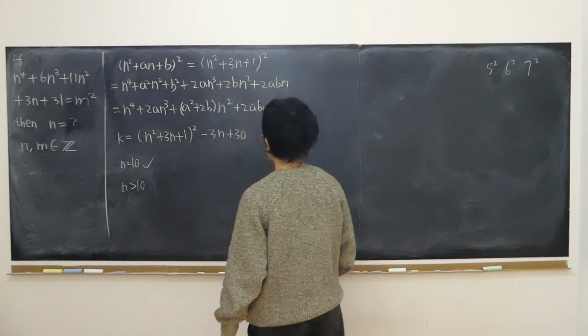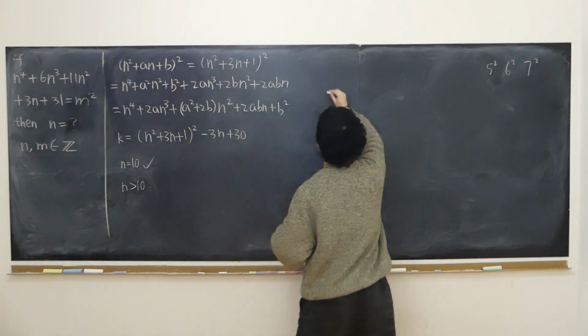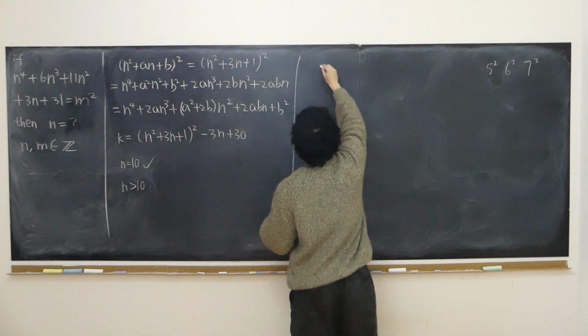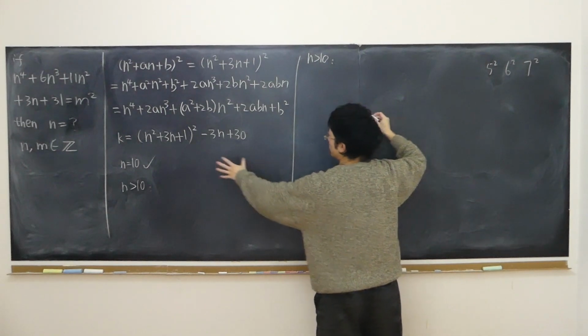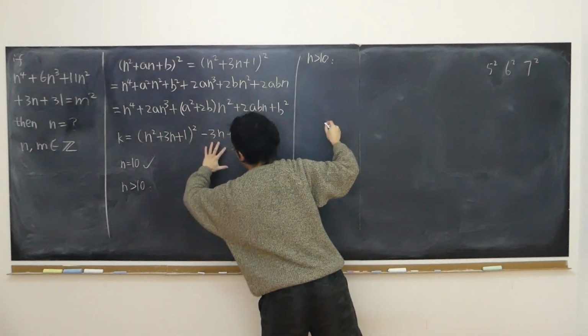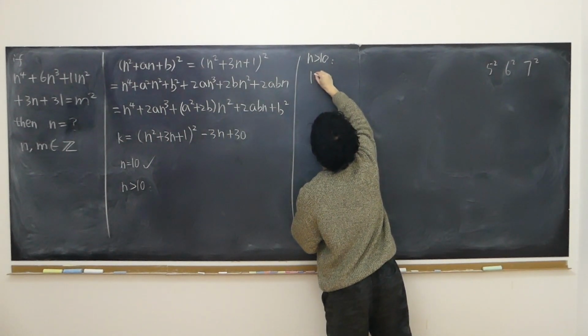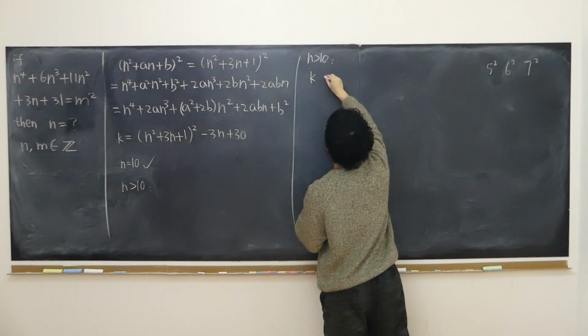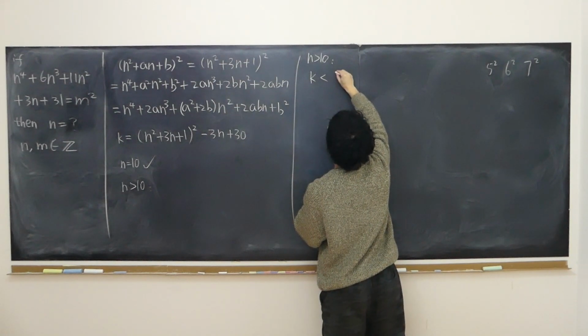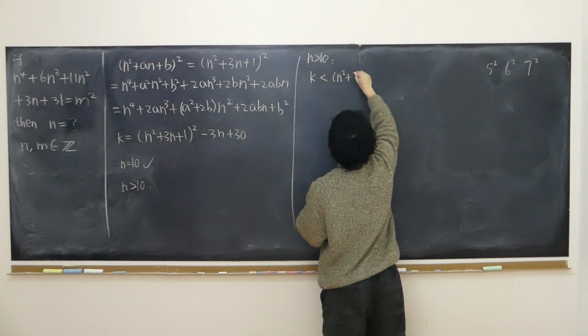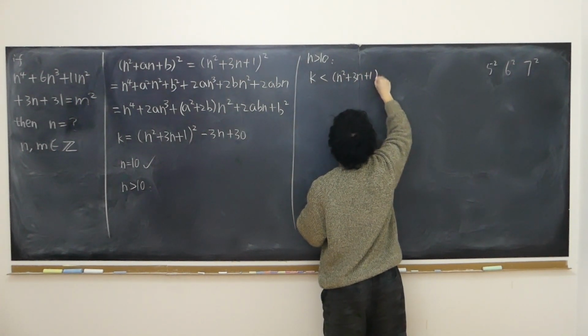So in the case of n strictly larger than 10, I have to make sure that this k is strictly less than this perfect square, n squared plus 3n plus 1, quantity squared.